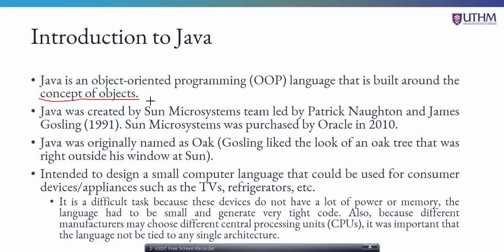Java was created by the Sun Microsystems team led by Patrick Naughton and James Gosling in 1991. Sun Microsystems was purchased by Oracle in 2010, so now Java is owned by Oracle. You might be familiar with the name Oracle.